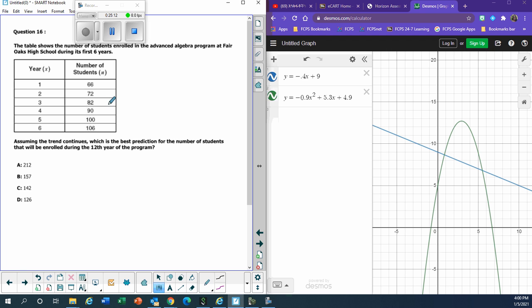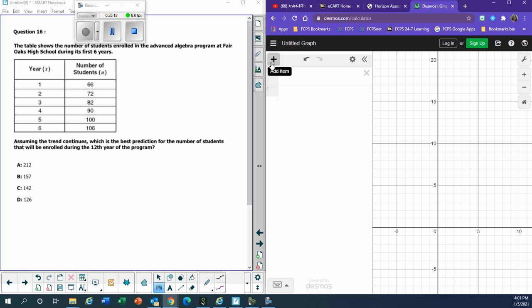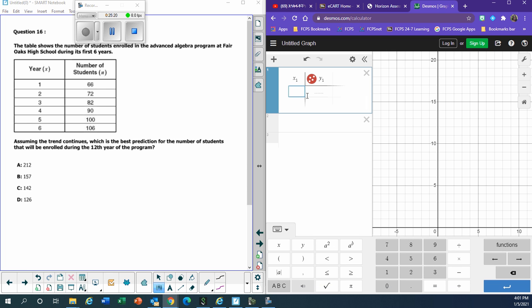All right, number 16, you have to put this in a calculator to find it, and I'm sure Mr. K showed you. All you do is plus in the table, and then X would be 1, 2, 3, 4, 5, and 6. And the Y coordinate is 66.